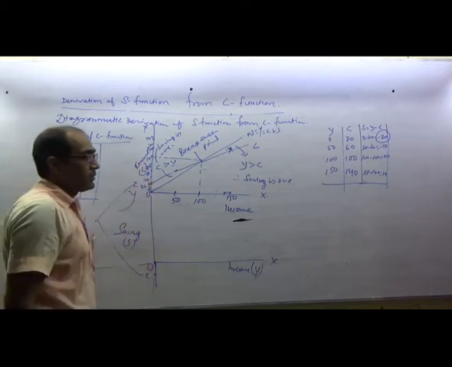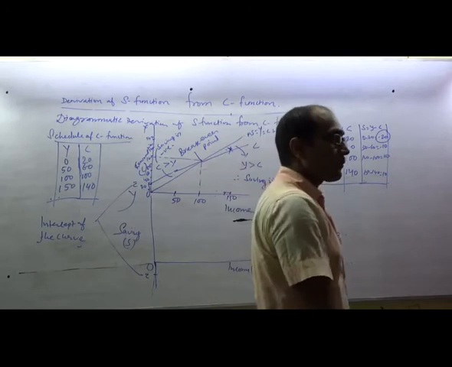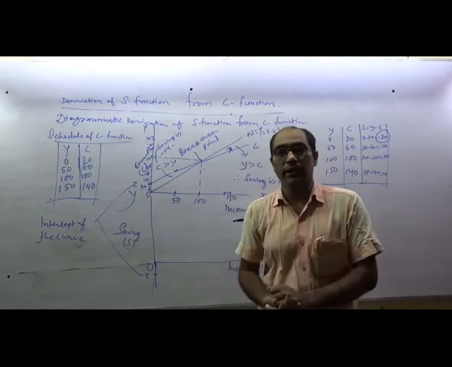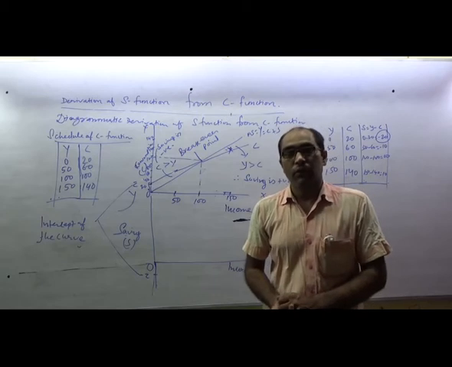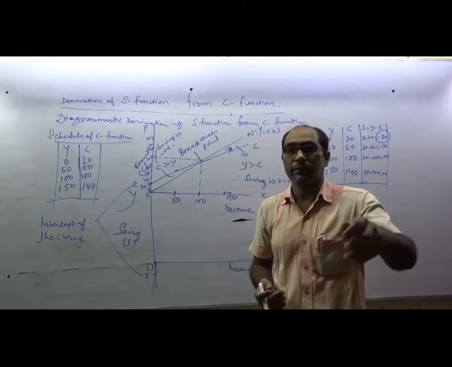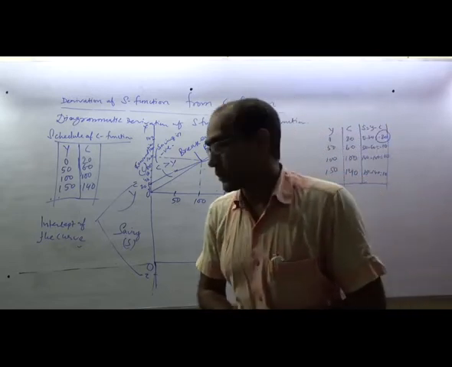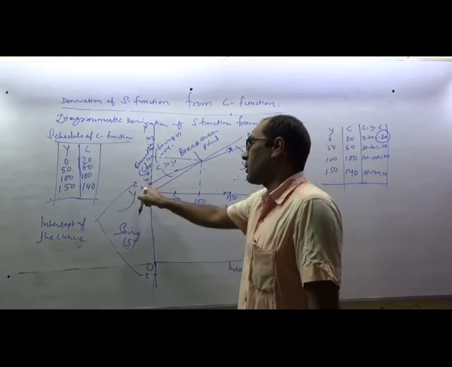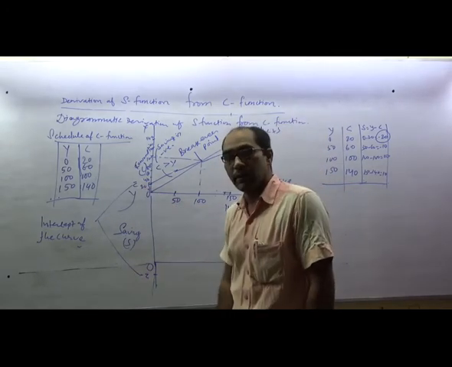Whatever value we take for C along the positive side of y would be taken for S along the negative portion of the y-axis. So this is the intercept of the curve, intercept of consumption, intercept of saving.